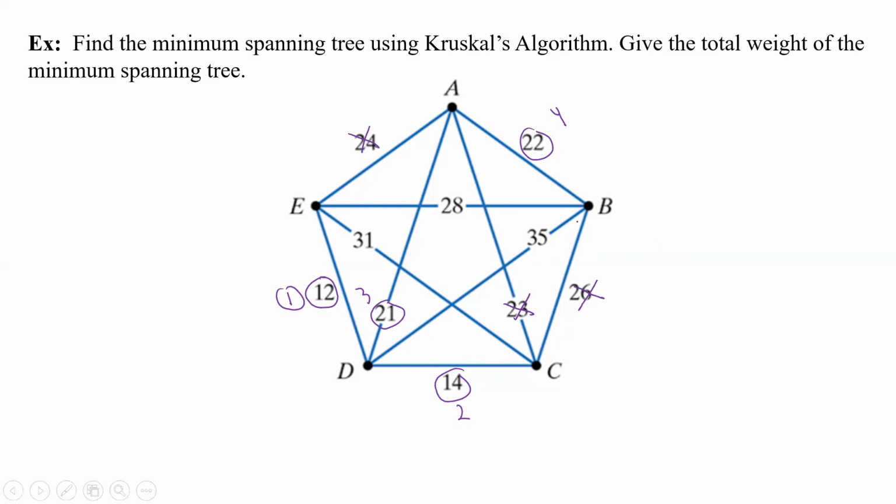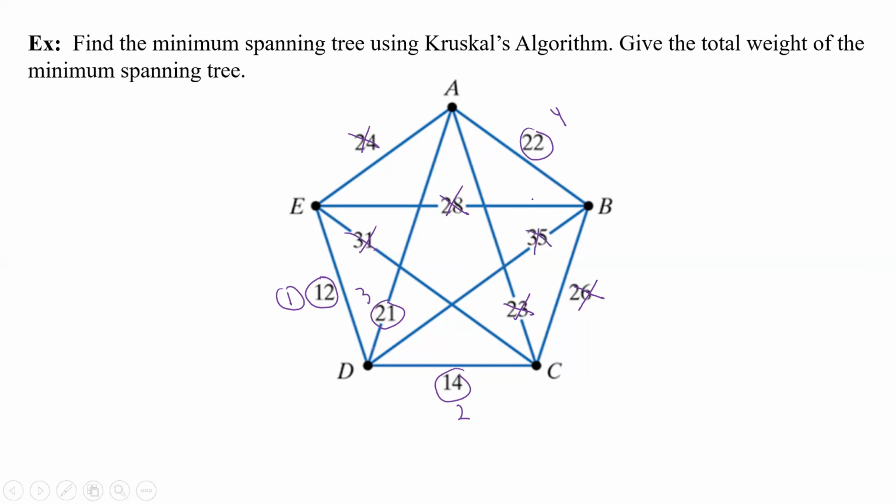What else do we have? 28. Well, if we make that, that's going to make a circuit there, so we can't use that one. 31 would make a circuit there, so we can't use that one. 35 would make a circuit there, so we can't use that one either.